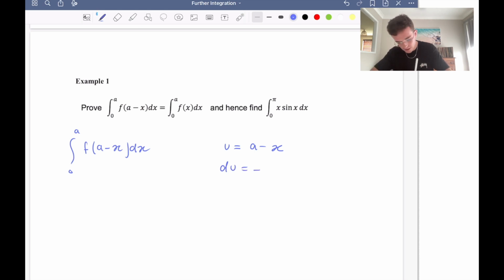du is equal to minus dx. So this is equal to the integral from 0 to a of f of u times minus du, sorry.